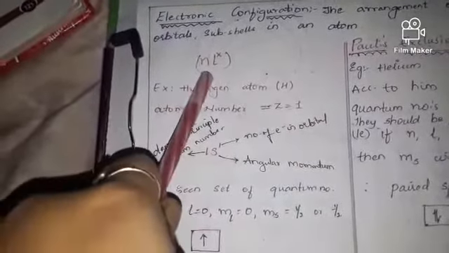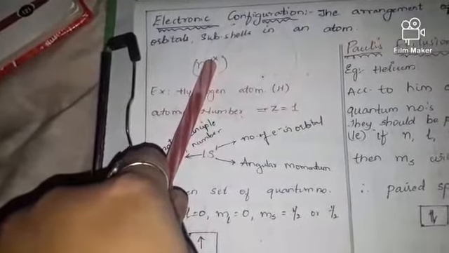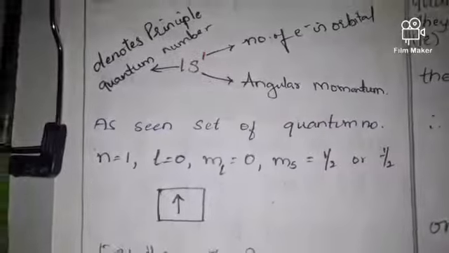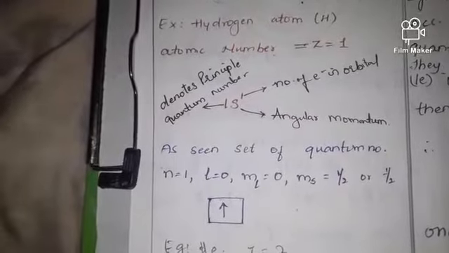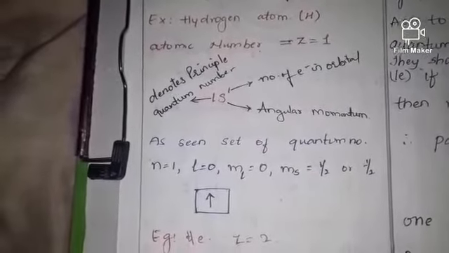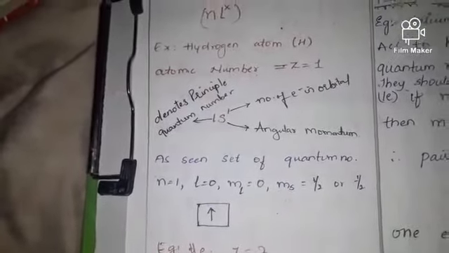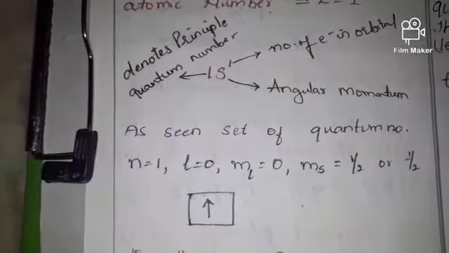As I've already explained, n is your principal quantum number, l is your angular momentum number, ml is your magnetic quantum number, and ms is your spin quantum number.